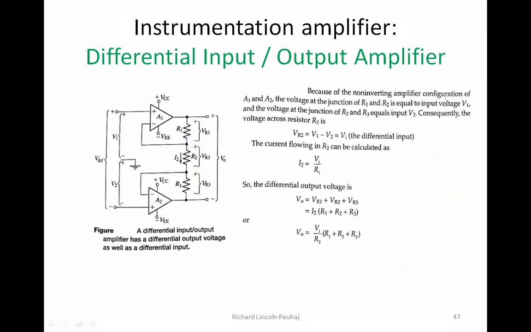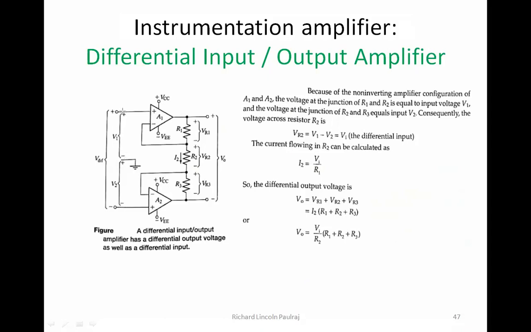Because of the non-inverting amplifier configuration of both A1 and A2, now that we know A1 is working as a non-inverting amplifier and A2 is also working as a non-inverting amplifier, the voltage across junction R1 and R2 is equal to the input voltage V1. So the voltage across R1 and R2 is V1.